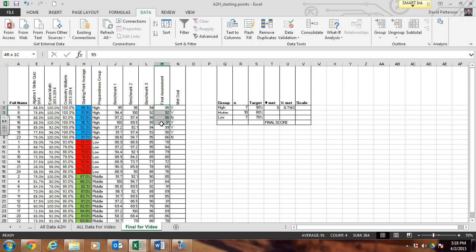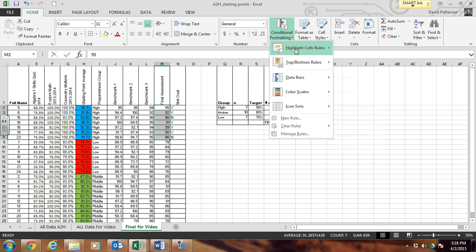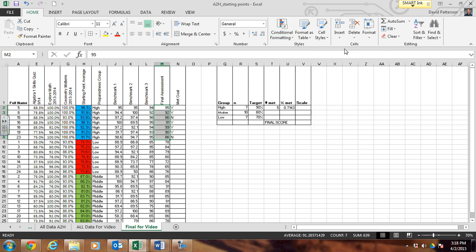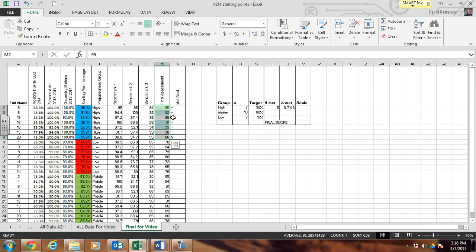Now I could do some more analysis here and make it a little bit clearer by doing some more conditional formatting. I could do a highlight cells rule, and if it's greater than 90%, I could fill those with green. And now I see these 5, and I should have picked a darker green, but, oops, it says greater than, not greater than or equal to.